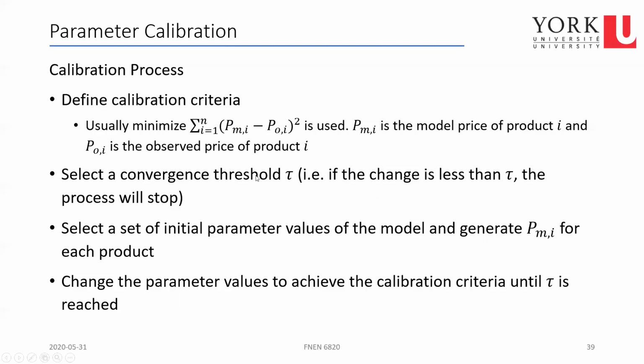To do this, it's important to select some sort of convergence threshold, to allow us to stop at some point so that we can call it a victory and then find the optimized parameter values. And so the stability of this minimization program is very important.